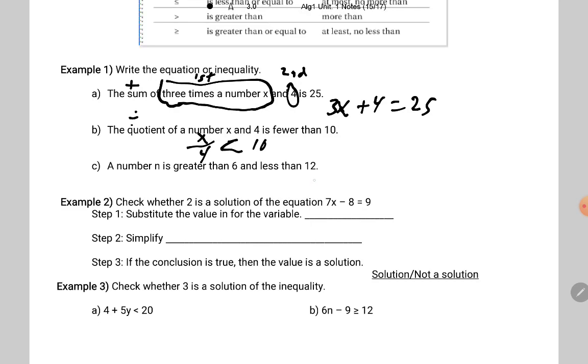So part C, a number n is greater than 6 and less than 12. Okay, n is greater than 6, and n is less than 12. So you can write it like this.